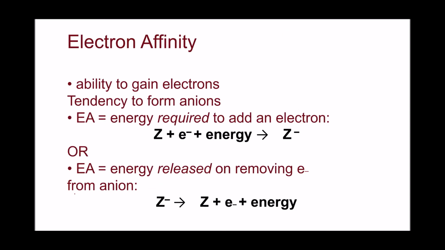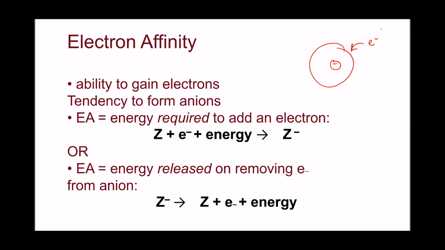So the third property is electron affinity, which is basically the energy needed to gain an extra electron rather than lose an electron. So it's opposite to ionization energy. So it's actually a measure for the tendency to form an anion. Okay, it could be thought of as the opposite process.